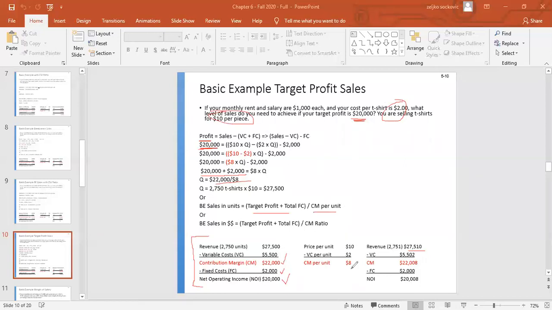So you divide 22 by 8, you will get 2,750 units. Times 10 means 27,500. And the variable cost is $2 times 2,750, which is 5,500.